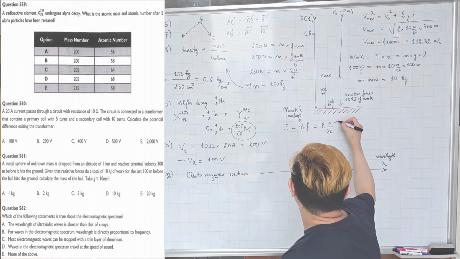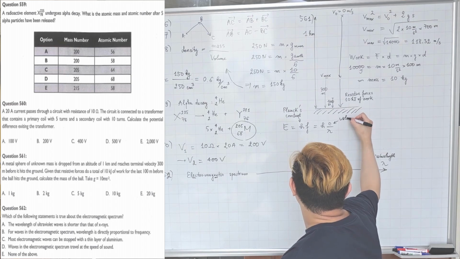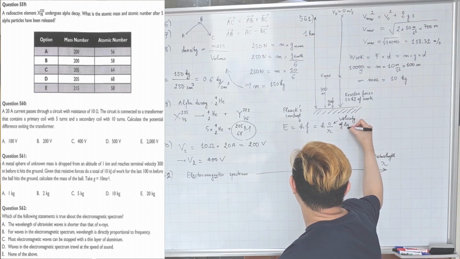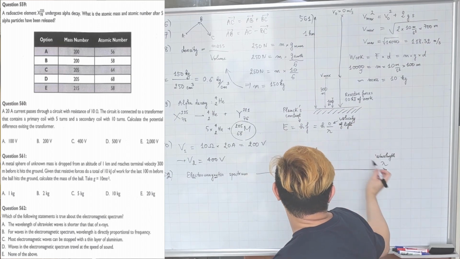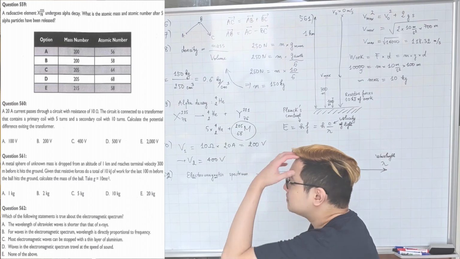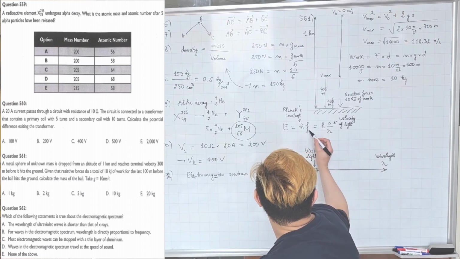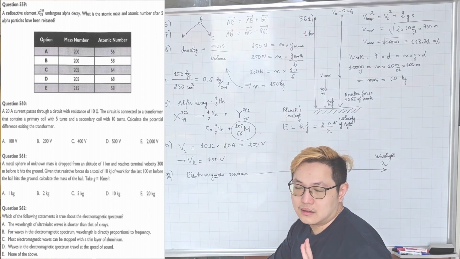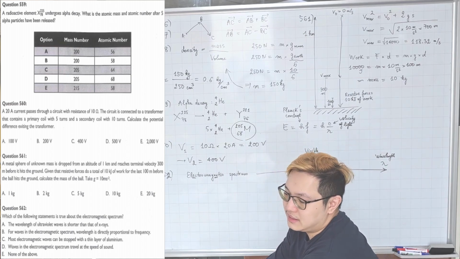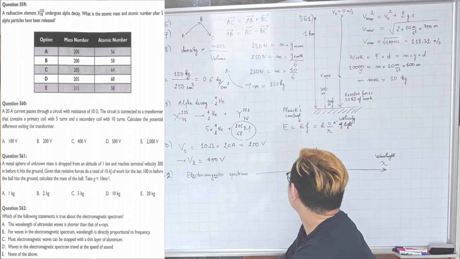So this is the velocity of light divided by the wavelength lambda, right? So you can see that f and lambda are inversely proportional.